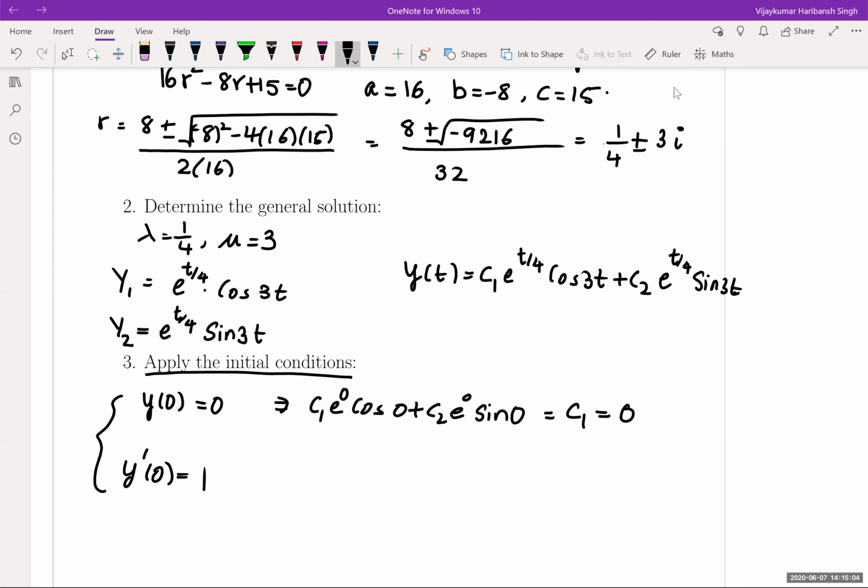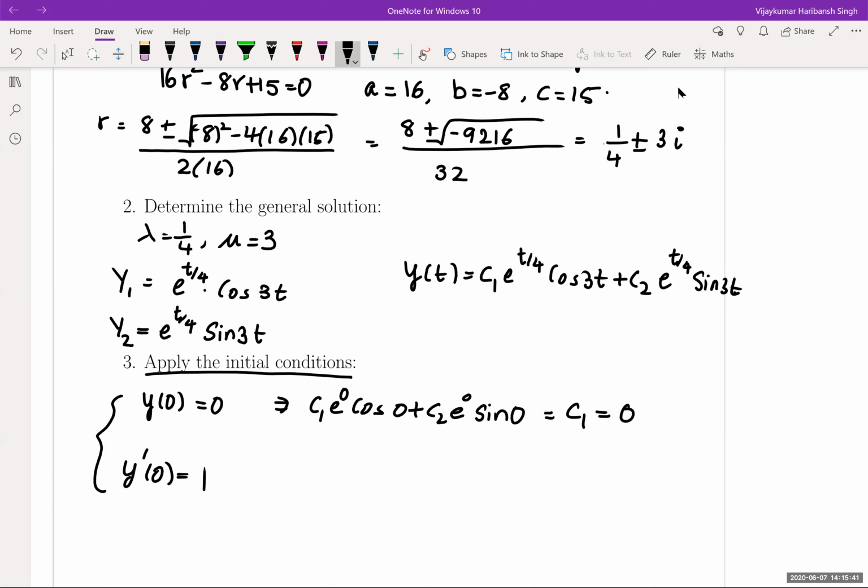Similarly, y prime equals 1, so we get this. When I take the derivative of this solution, what is the derivative of this? So we have to find that out. Either I take the whole y prime is 0, or I should work with the following.